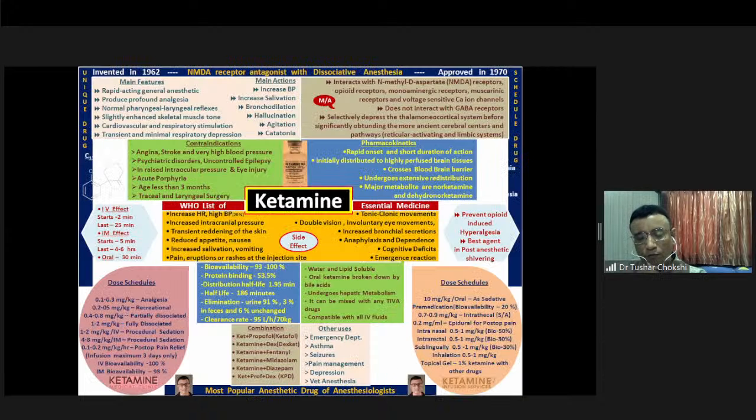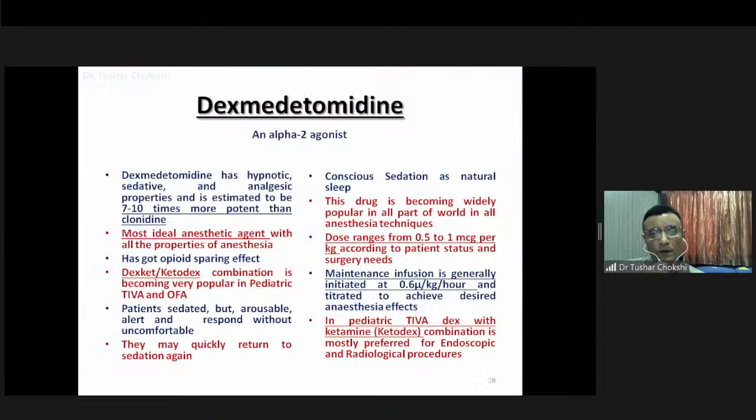This is the ketamine infographic. One of the most used drugs nowadays is dexmedetomidine. I call dexmedetomidine the most ideal anesthetic agent nowadays. Dexmedetomidine has an analgesic and anesthetic effect, hypnotic, sedative, and it is 7 to 10 times more potent than clonidine. It has even an opioid sparing effect.